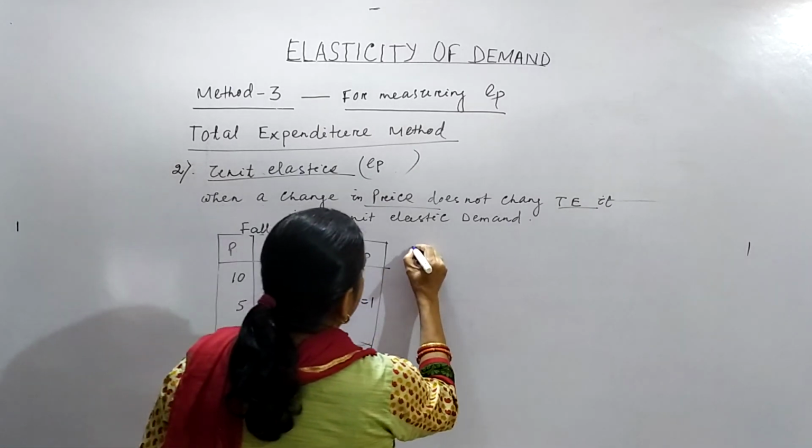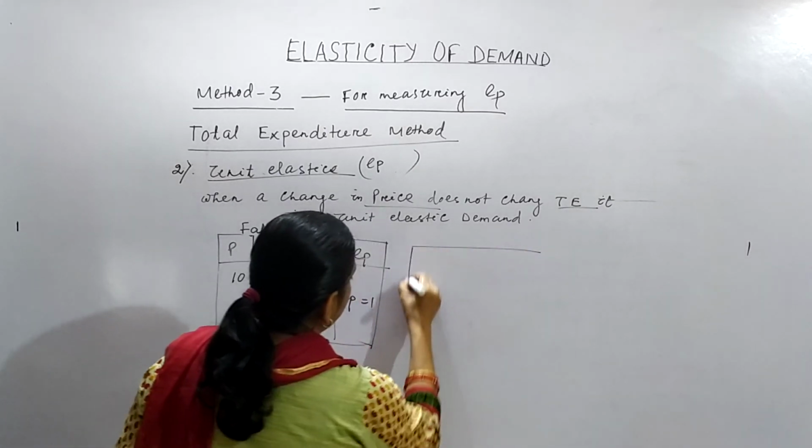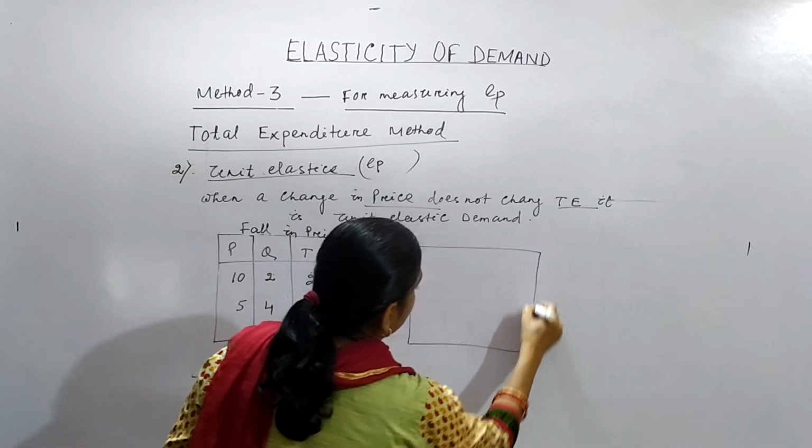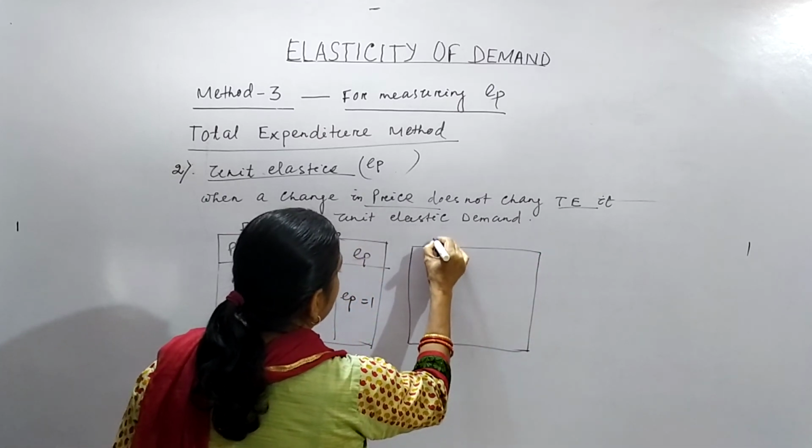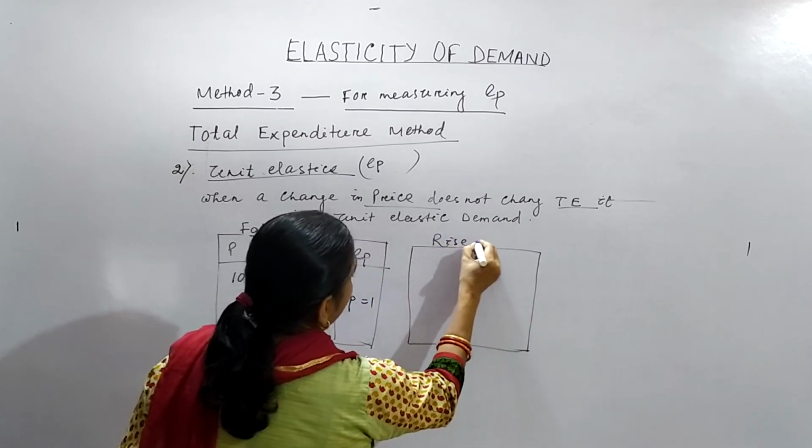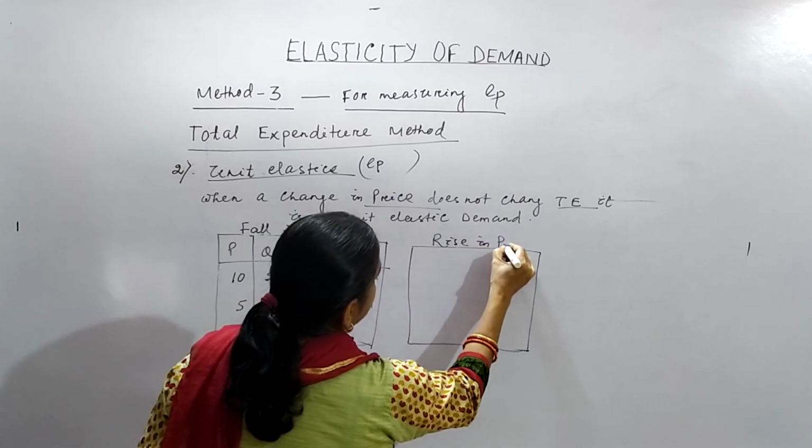So now we'll see the rise in price case. What will be the EP? What will be the total expenditure?